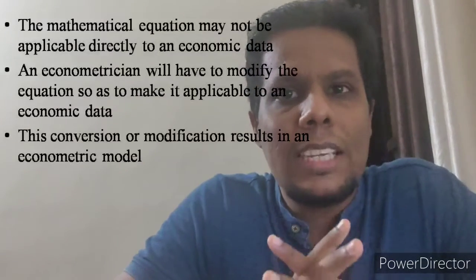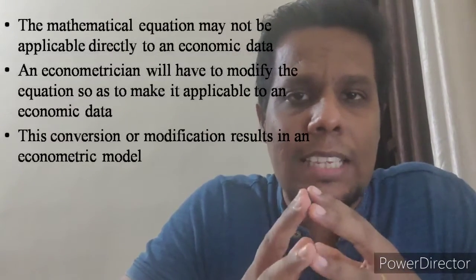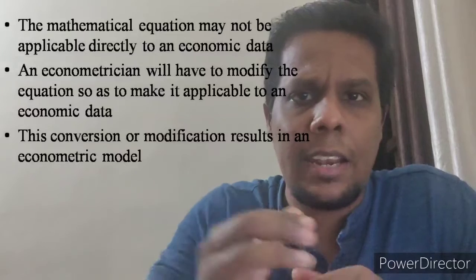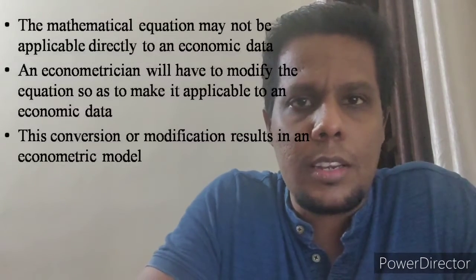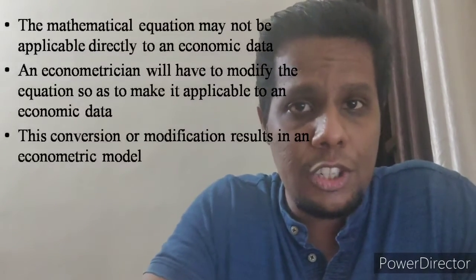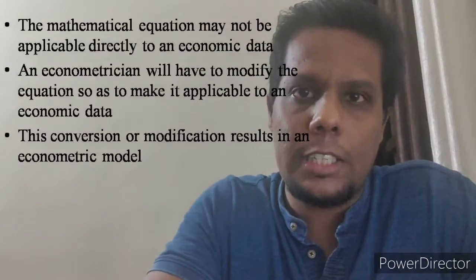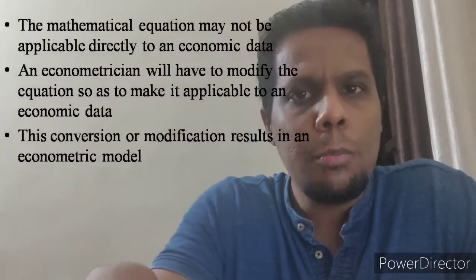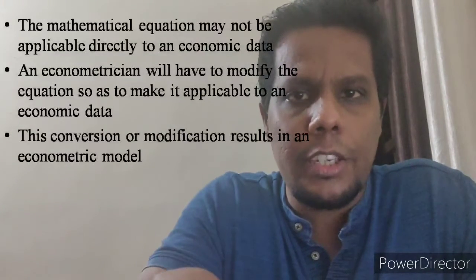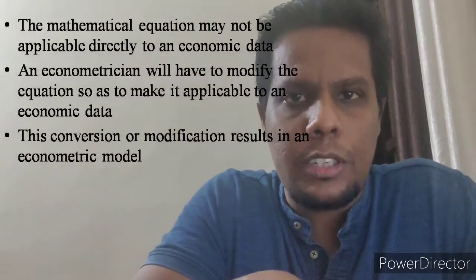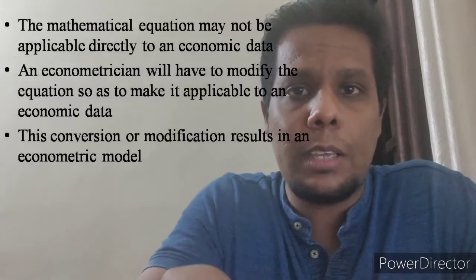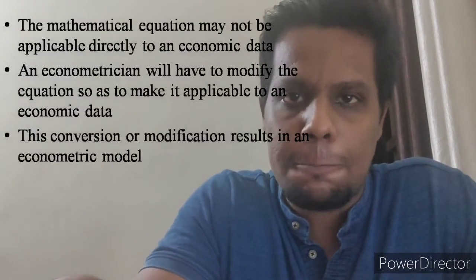If you look into the need for having econometrics as a separate discipline, you can see that mathematical equations developed by a mathematician will not be applicable directly to economic data. So an econometrician will have to make some modifications so as to make the mathematical equations applicable to economic data.